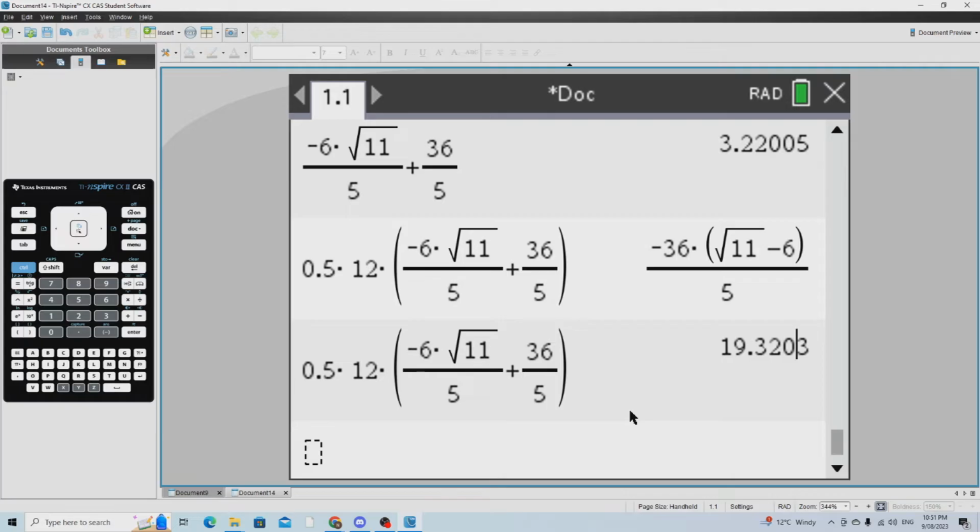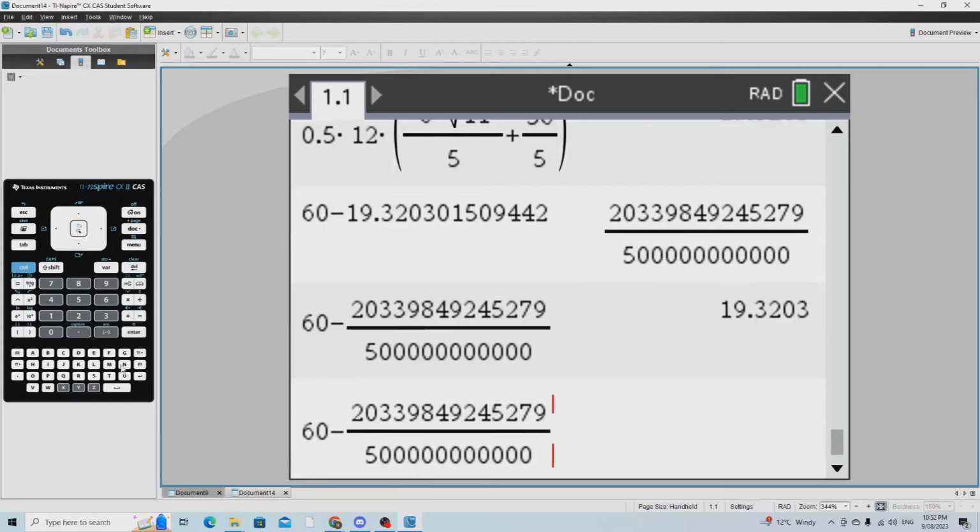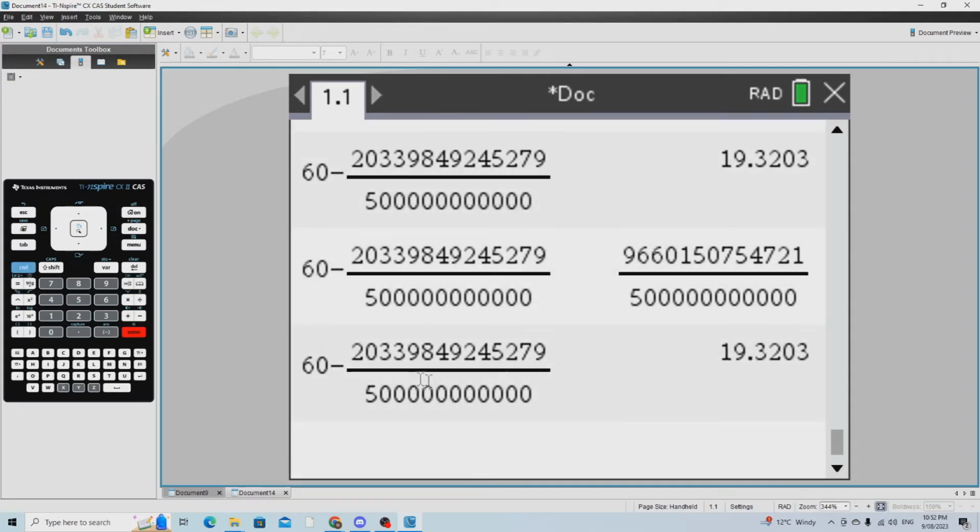So wait, so we have this. Yes, and we have 60 minus that. 60 minus that gives you this. Ah, what the hell's happening? I see, it's 60 minus this is this. How?